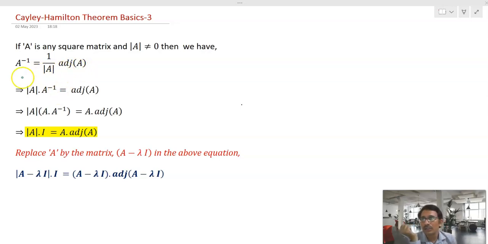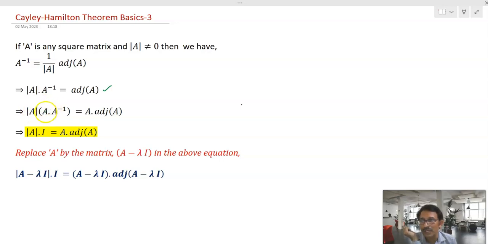Now, you can multiply both sides with det A because det A is not equal to 0, and you got this equation. And then I multiply this equation on both sides. This is pre-multiply. Pre-multiply means multiply in front with A. A is a matrix and here det A is a number.